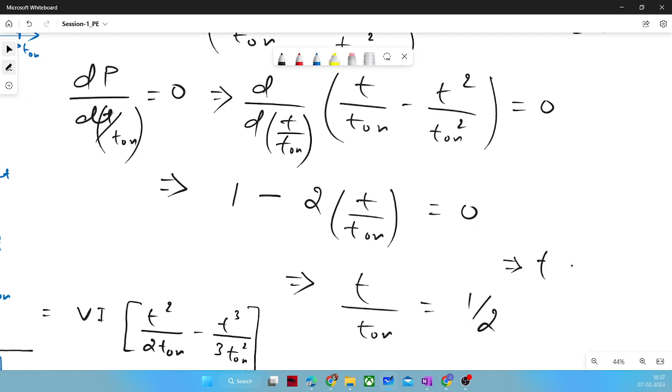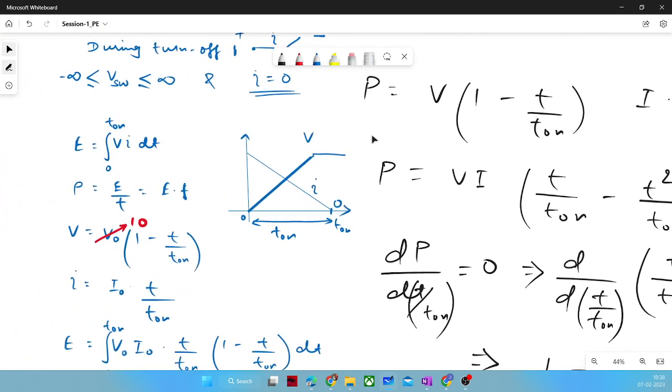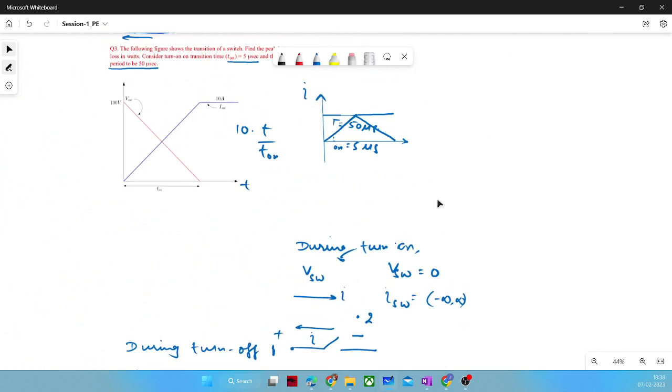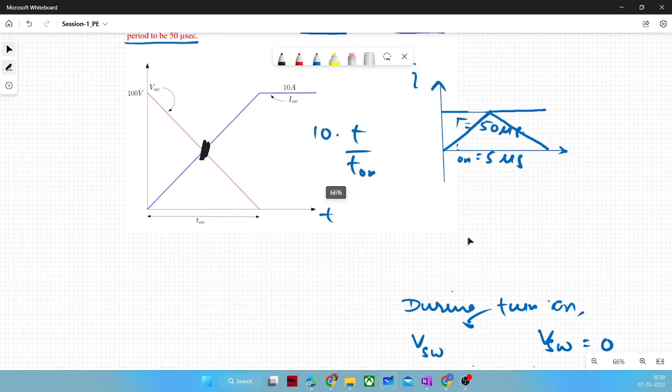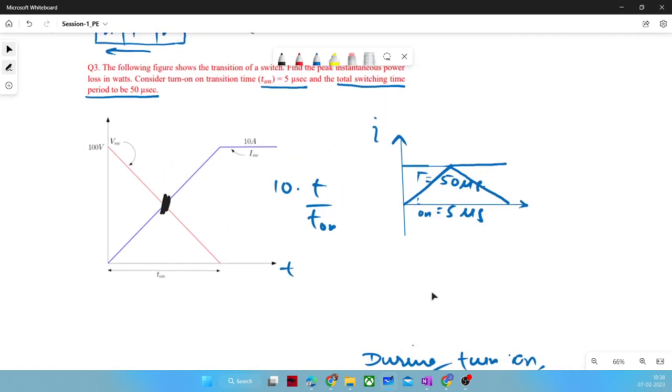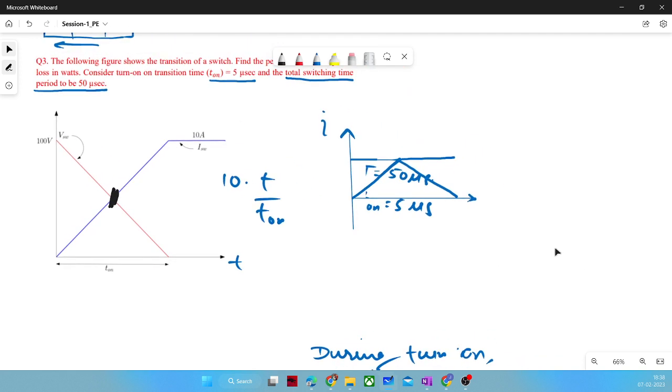It means the time instant when the peak instantaneous power loss will occur is t on by 2. And the t on by 2 instant is this intersection point, right? From the graph also you can visualize that the maximum of two products will occur when they are intersecting. So that's what I just verified from the expression.